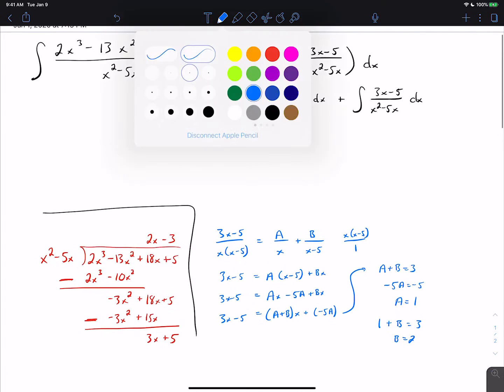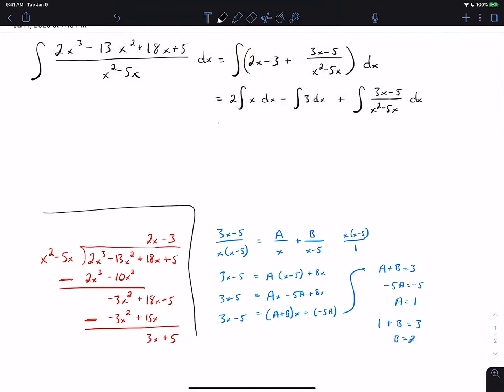That takes us back to these integrals. The first integral is 1/2 x squared and has nothing to do with the decomposition. The second one is 3x. The third one, based on the partial fractions decomposition in blue, can be rewritten as 1 over x plus 2 over x minus 5.